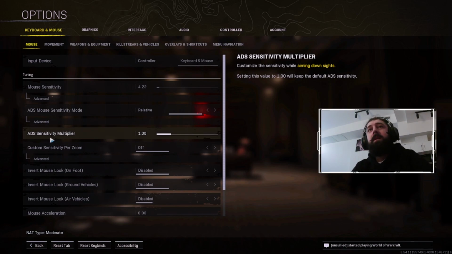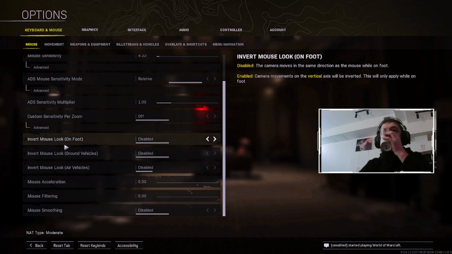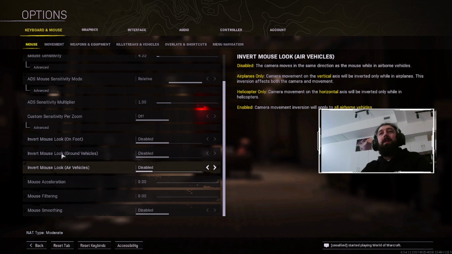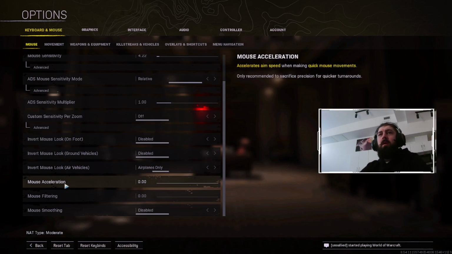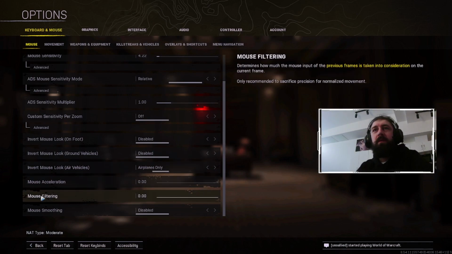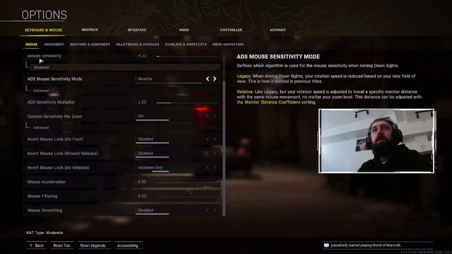ADS sensitivity multiplier 1. Custom sensitivity per zoom, I have just turned off. You don't want to turn any of this invert stuff on. I actually want airplanes only. Actually, I'm going to turn that on. Mouse acceleration you don't want. Mouse filtering you do not want. Mouse smoothing turned off.